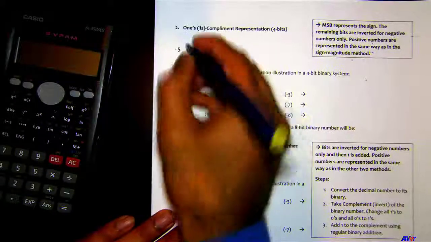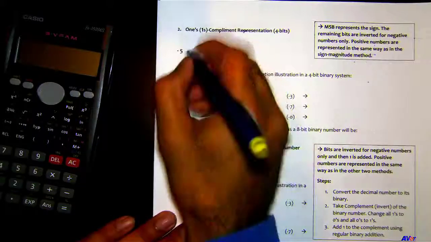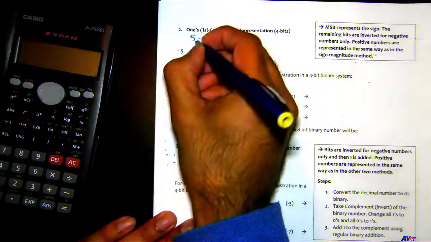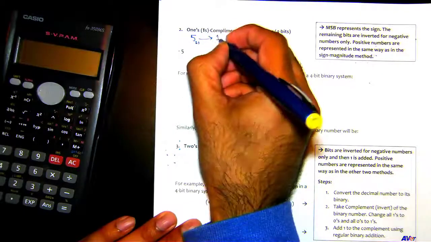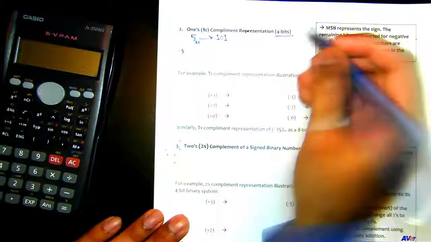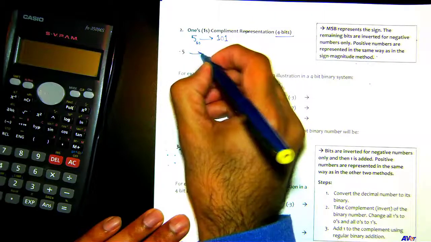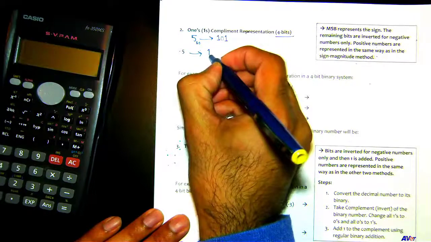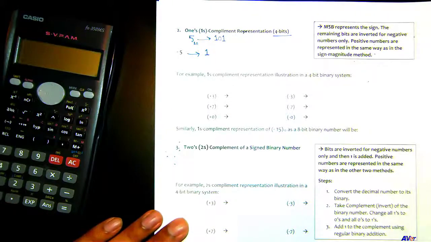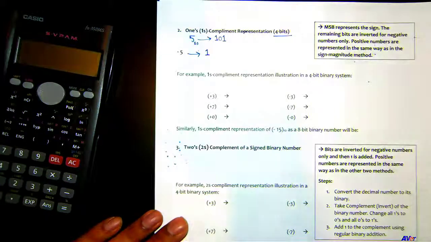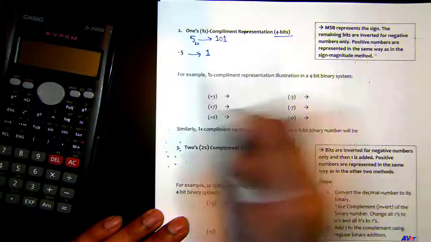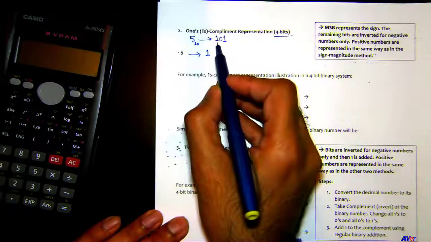Okay, so you have negative 5. What is the code for 5? It's 101, right? Say this is a 4-bit system, so the sign bit is going to be 1. And what would you do to the rest of the bits here? Because it's a negative number, the remaining bits are going to be inverted.